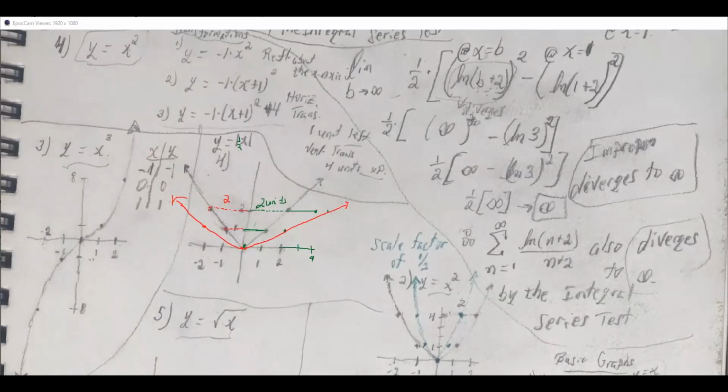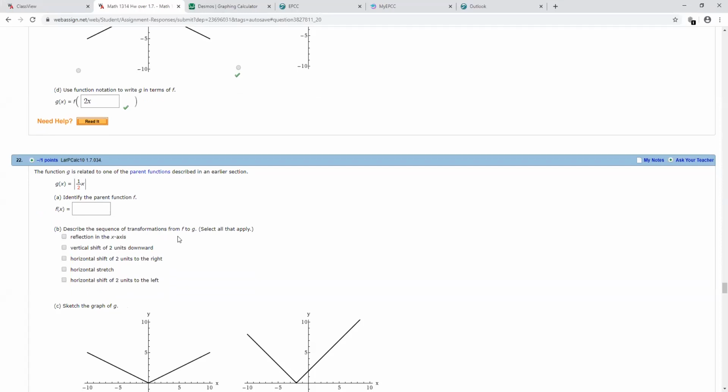So, okay, we go back to WebAssign. We already did this one, so I guess I wasn't going to do it, and somehow I did it. So, Griselda, this came from what parent function?